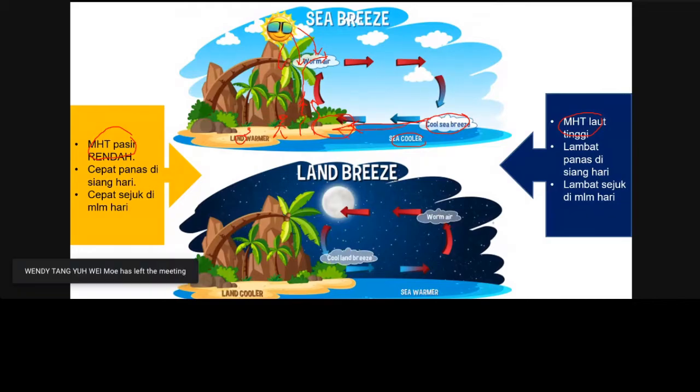Because land has a lower pressure. So you dapatlah angin sejuk, angin dari laut. Kita tukar dia to sea breeze. Bayu laut. Bayu is angin. So bayu laut is angin sejuk daripada laut. Okay?